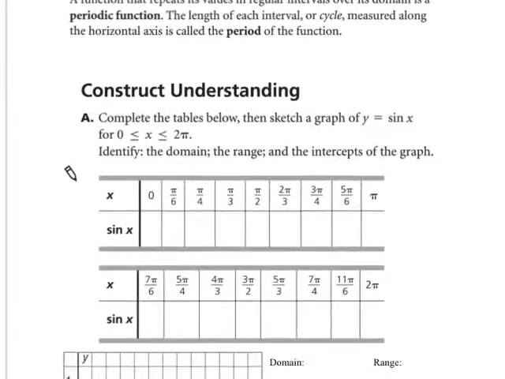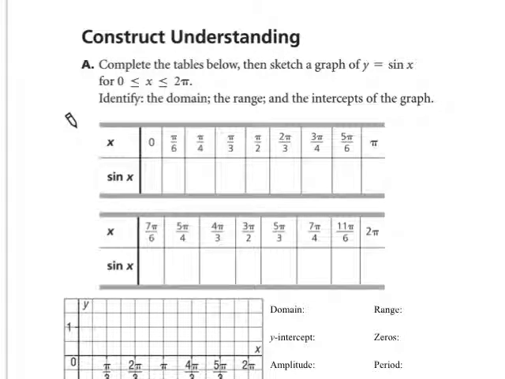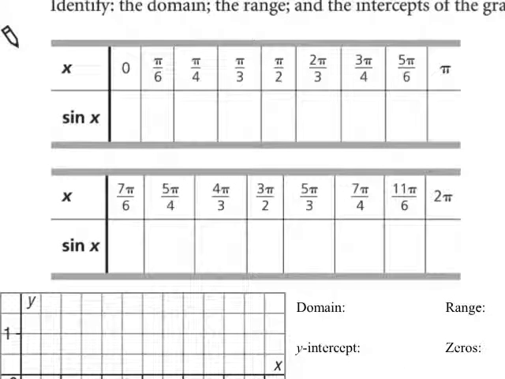When you looked at the graph of y equals sine x, you were given this table to complete. Now I'm not going to complete the entire table, I'm just going to highlight some of the most important points that we want to be able to make use of as we sketch the graph. The most important points that we want to be able to put on our graph every time start with when x is 0, the sine of x is also 0.